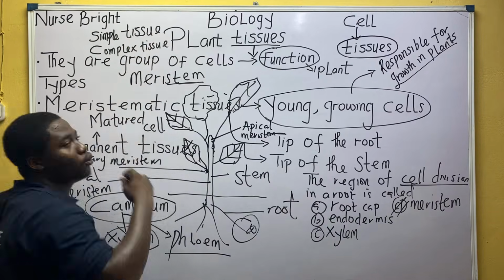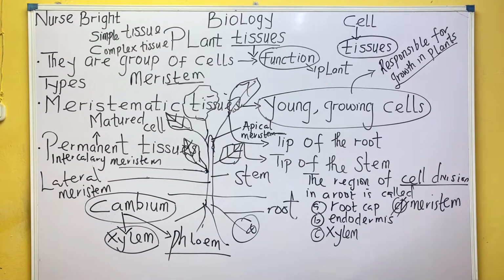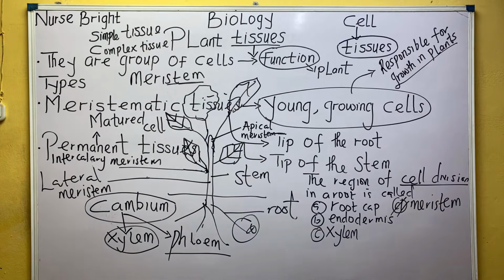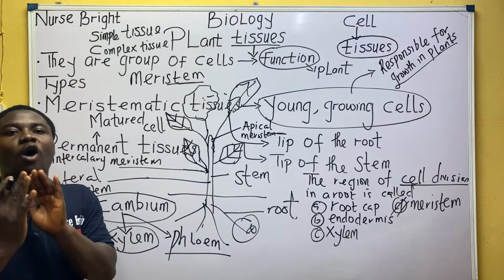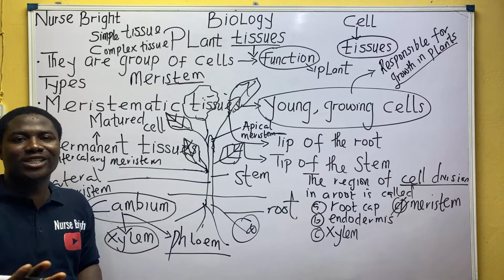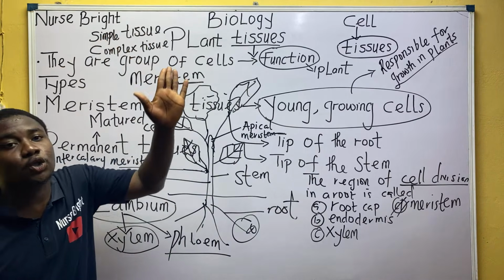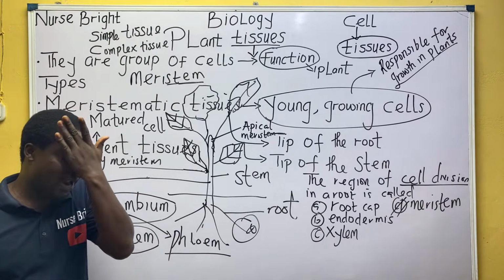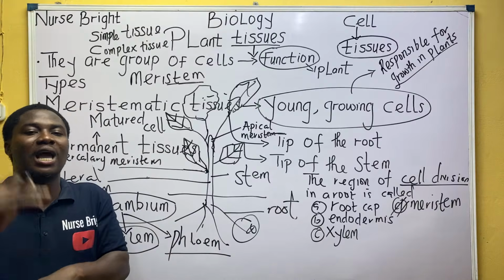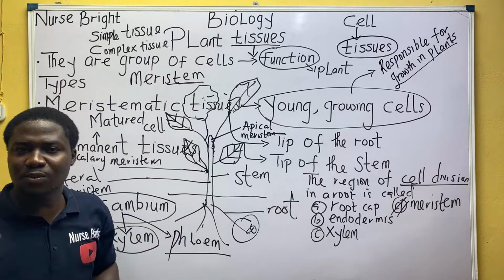Hope you guys are following me. So the question you asked me, what are the simple tissues? Remember, simple and complex tissues are permanent tissues. Simple tissue and complex tissue, they are what? Permanent tissues. So let us move further.